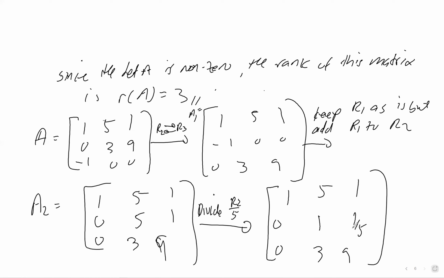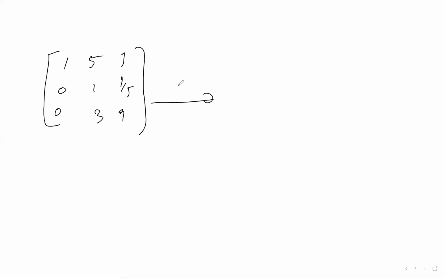Now let me write these matrices so you can follow what I'm saying on this page. So this is what we got: 0, 1, 1 over 5, and then 0, 3, and 9. Let's see what we have. We have 3 here, and 1 over 5.